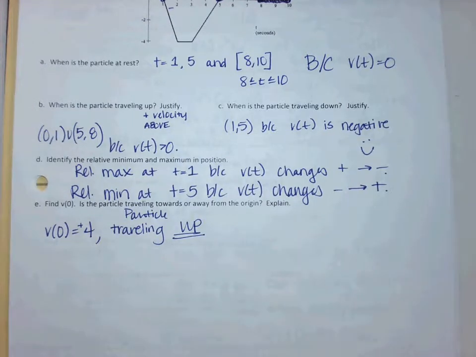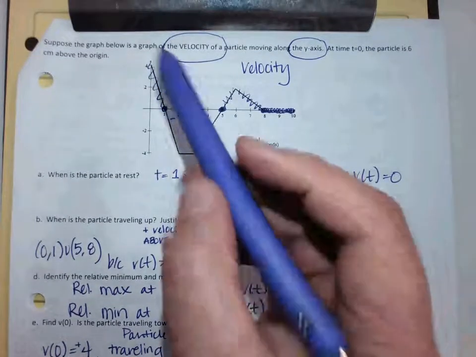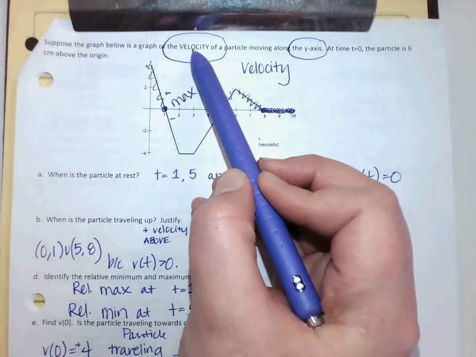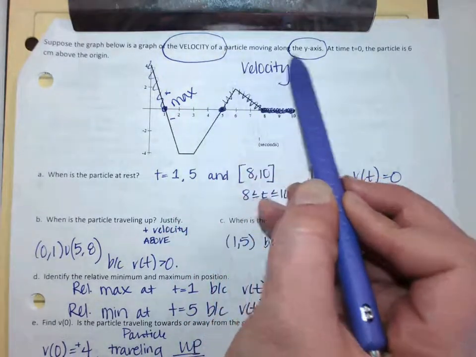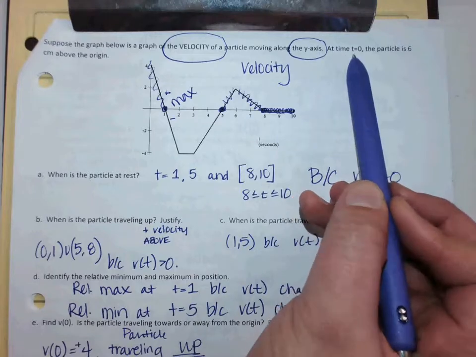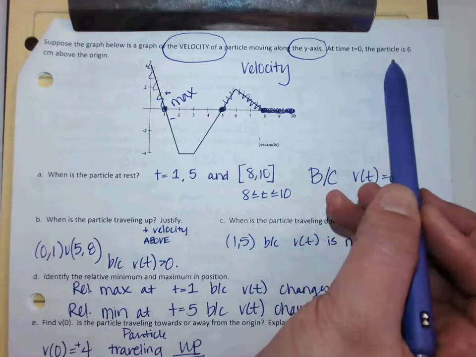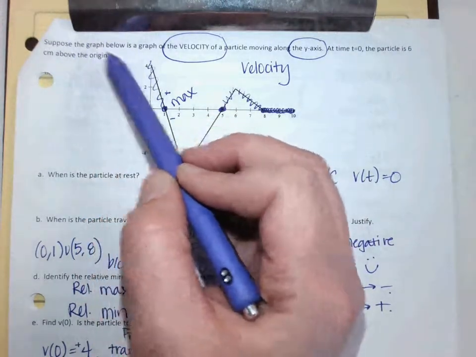What else do I need to know to answer that question? Position. So I want you to go back to the question stem. It tells us the position in words. Suppose the graph below is the graph of velocity for a particle traveling along the y-axis. At time 0, the particle is 6 centimeters above the origin.